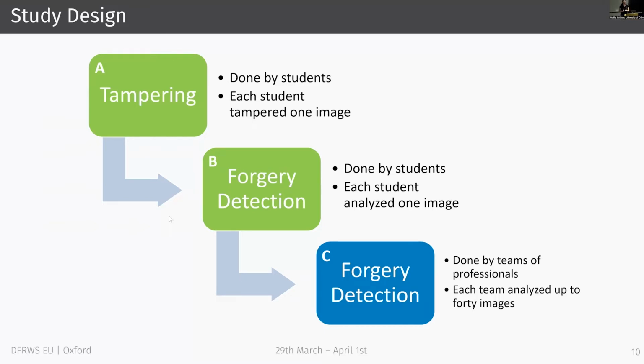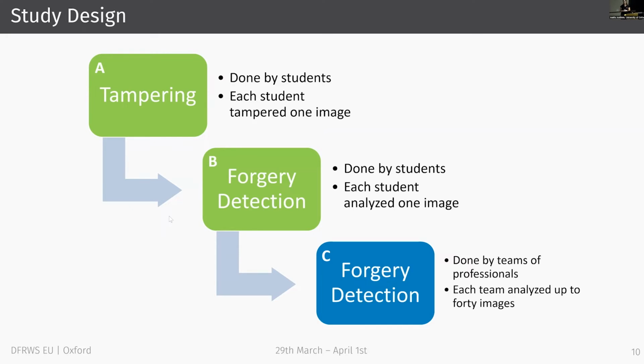In part A of the experiment, done by students, they were given an image which they had to manipulate in such a way that the tampering task was fulfilled. After the tampering, the forgery created in part A, together with some unmanipulated images, which we call originals, are used to create an image pool.